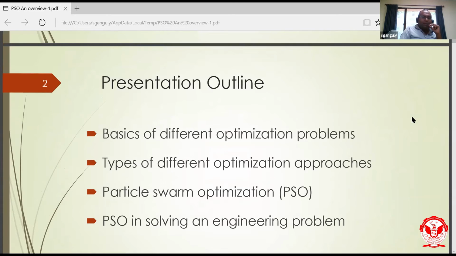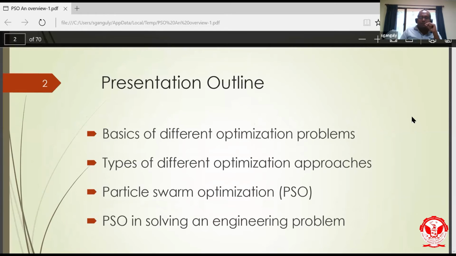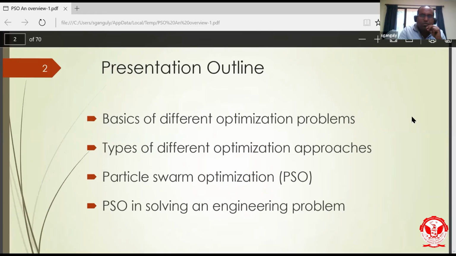Then I will talk about the basics of particle swarm optimization, and then I will show you how we can use particle swarm optimization in an engineering problem. Although, since I am from electrical engineering, my application will be related to electrical engineering only.